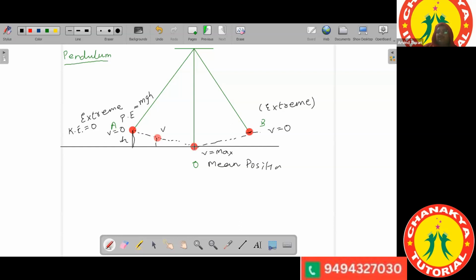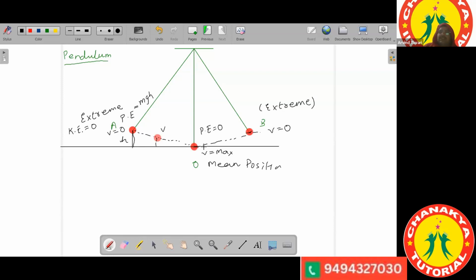Now when it is at this point O, it has lost all the height, right? Its height is zero now. Now can we say that the height of the bob is zero? Okay. So its height is zero. At this position, it should not possess any potential energy. So at this point, its potential energy will be equal to zero, right?